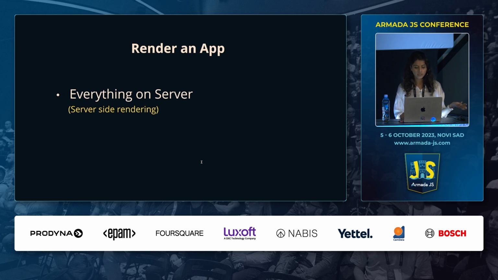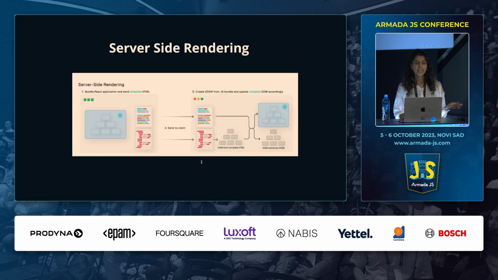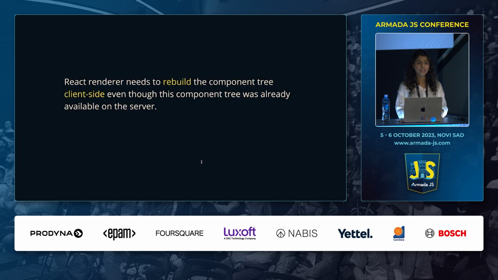We already talked about it. So we are sending the entire HTML fully rendered along with the JavaScript bundle to the client. Now, if you see in both these cases, in server-side rendering, the page was already there, but still React rebuilt the component tree, even if it was already available on the server.